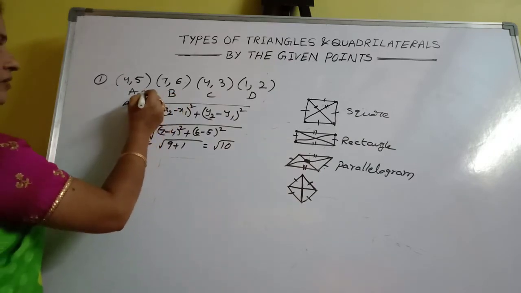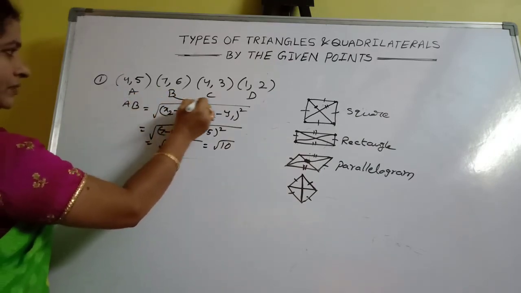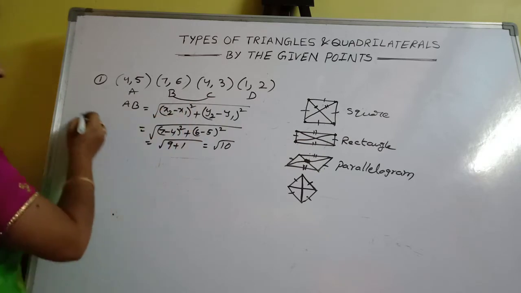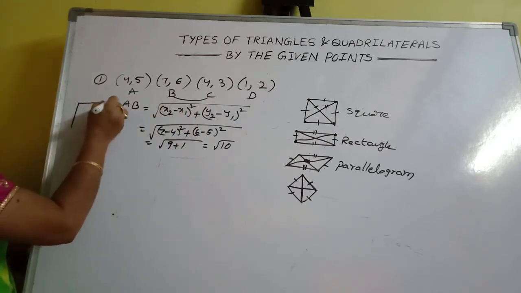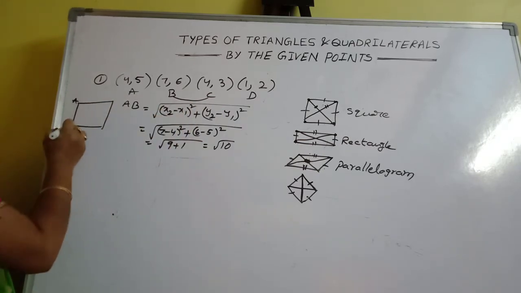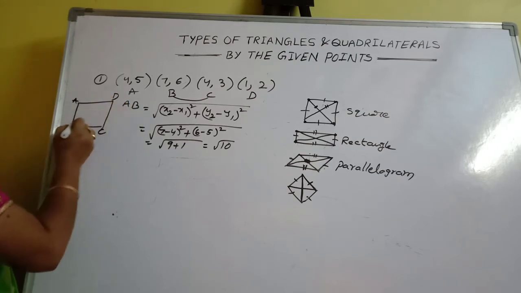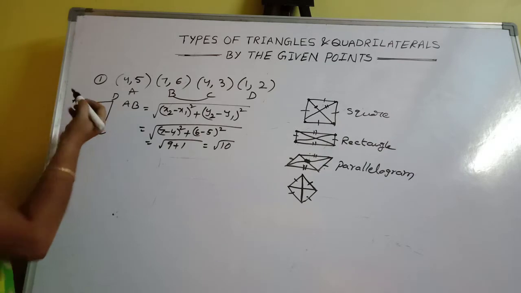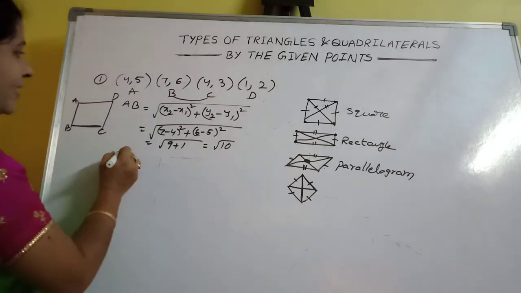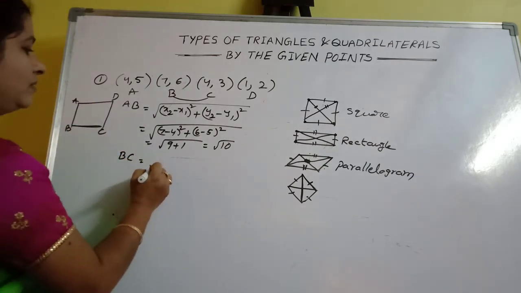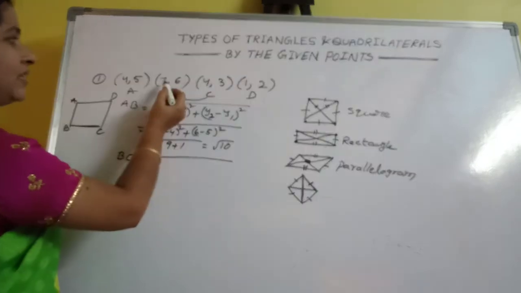Again we find the value of BC. Suppose it is a quadrilateral ABCD. First find the four values AB, BC, CD and DA. What are the coordinates of B and C here?